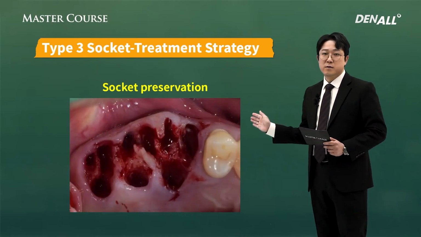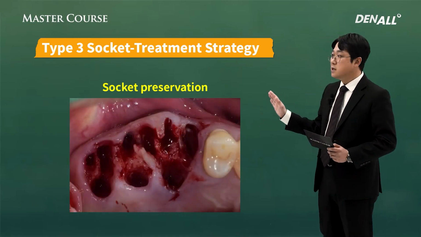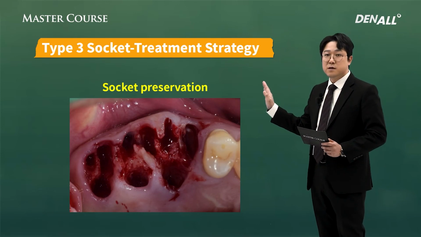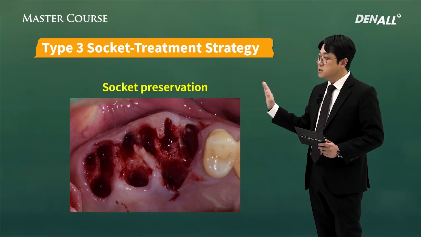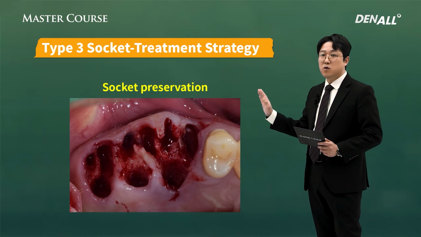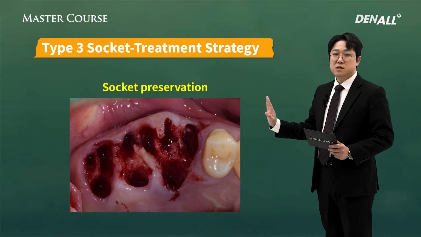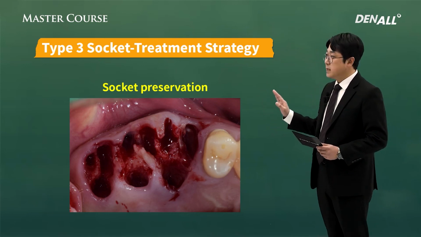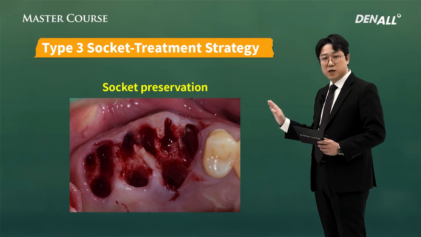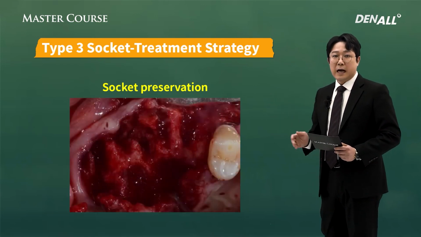This is after extraction. If you look mesially, in number 16, there's the buccomesial root and the palatal root. Within the extraction socket, there's epithelialized granulation tissue.